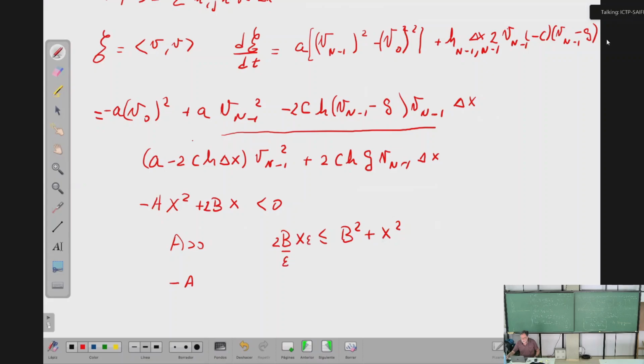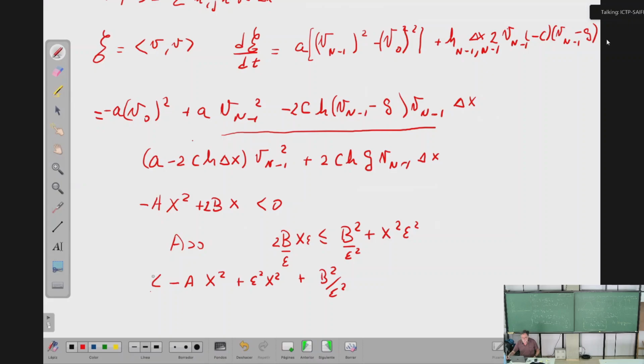I can put an epsilon here and here, so I get an epsilon square here and an epsilon square here. So I get minus a x squared plus epsilon square x squared plus b squared over epsilon squared, okay? So this is bounded by this thing.